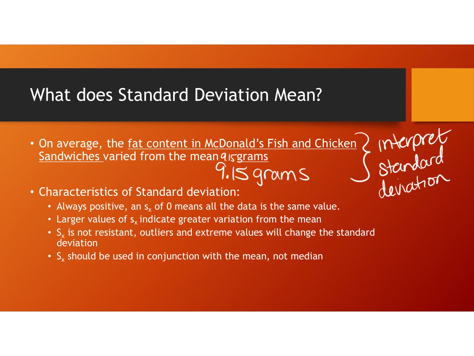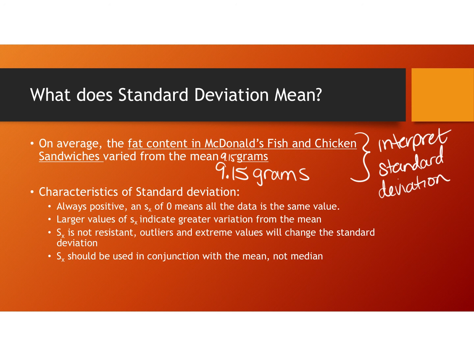Here are some characteristics of standard deviation that are important. Measures of spread are always positive. The standard deviation of 0 means that all of the data values are the same. A larger value for Sx indicates greater variation from the mean.